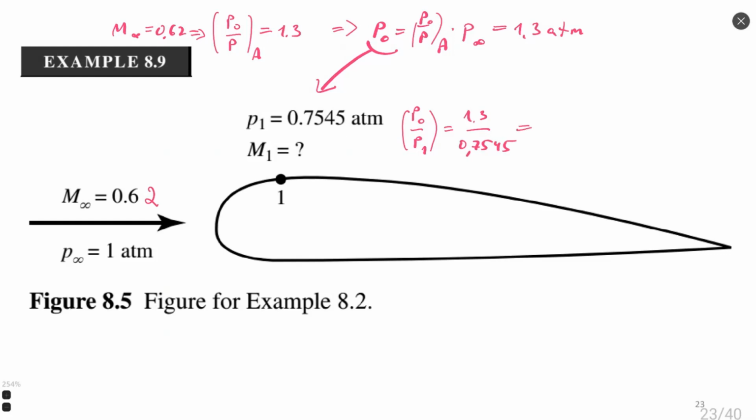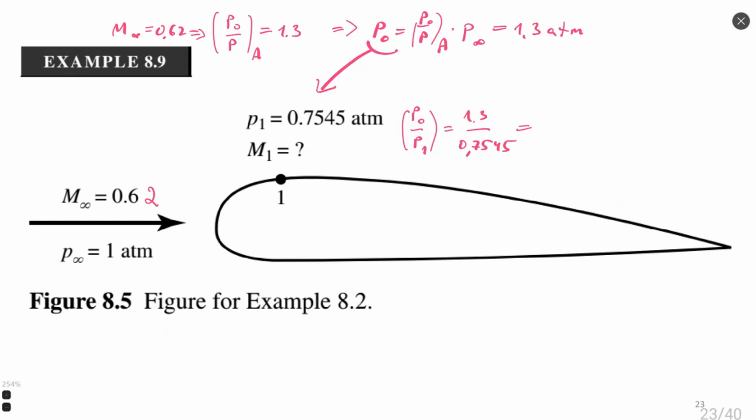Now I need to calculate. Just a moment, let's calculate. I will calculate approximately, so we will not have so many digits in the final result.